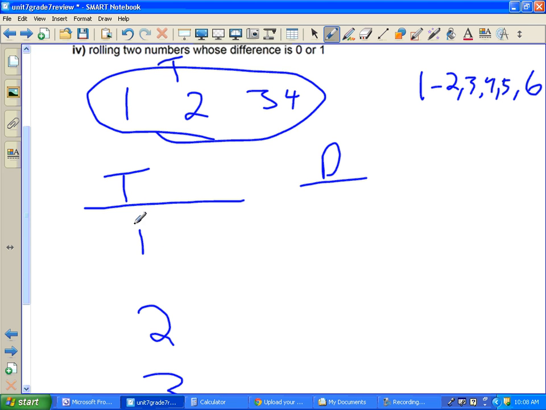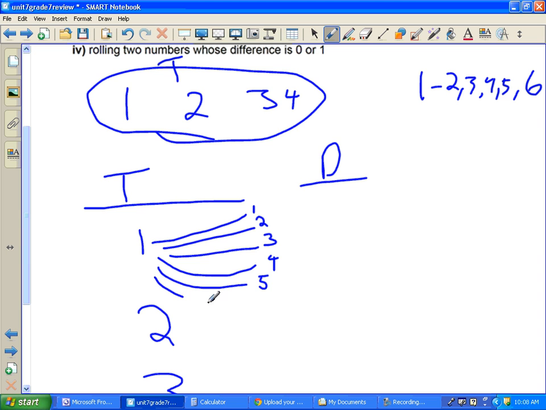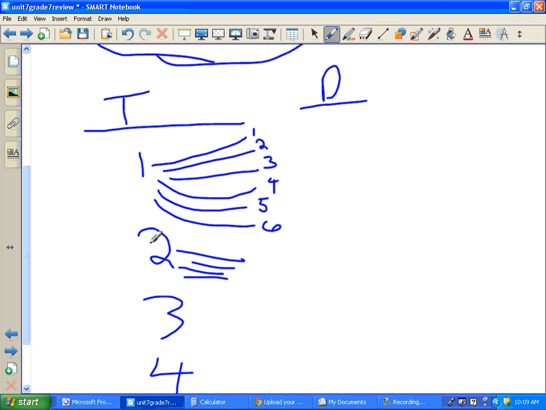So for each one of these now, I branch it off into 1, 2, 3, 4, 5, and 6. And I do the same for each one of these here. I branch it off into 1 through 6 each time.